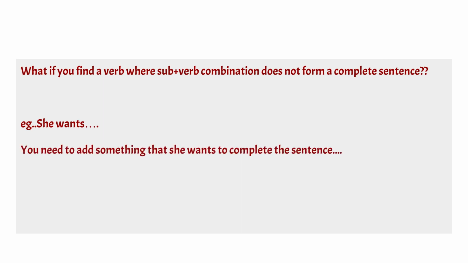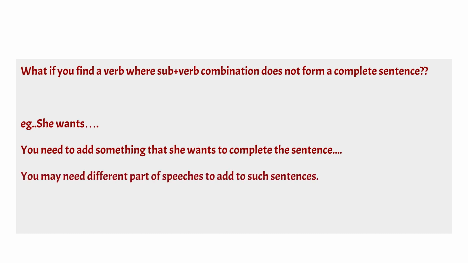You need to add what she wants to complete the sentence. And to complete it, you may need to add different parts of speech to these sentences. Clear? You need to tell what she wants to complete this sentence.